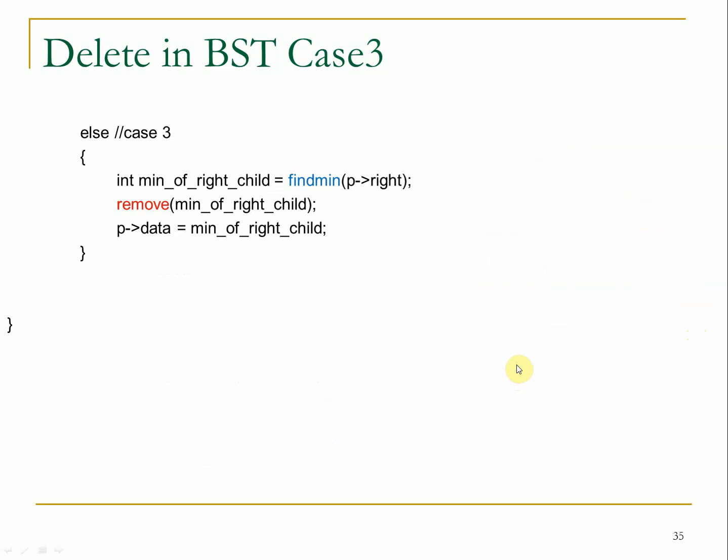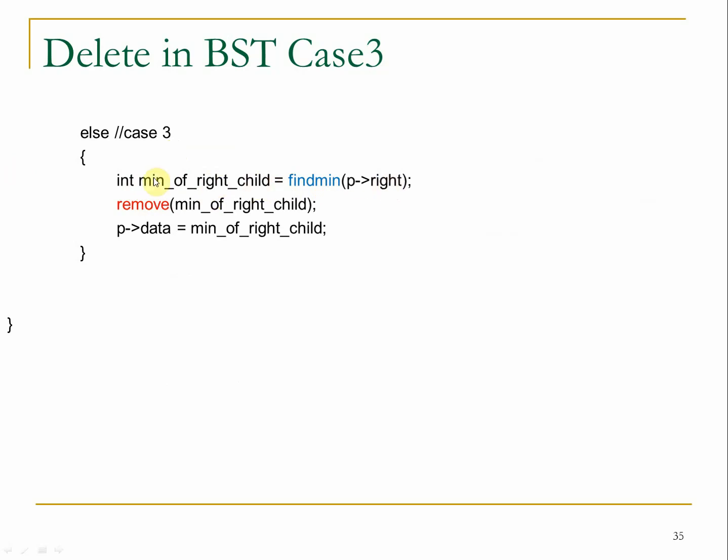Finally, the case 3 scenario is actually easier because you have already taken care of case 1 and case 2. For case 3, it's one step of the recursive function. First of all, we create a variable to store the minimum value of the right side.